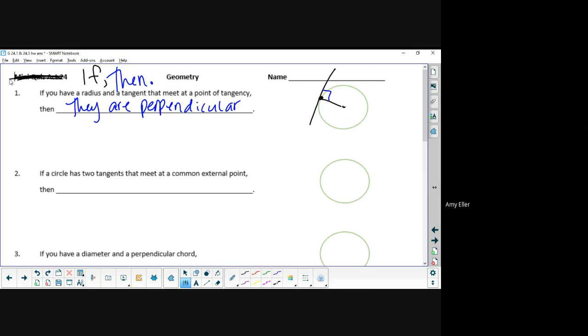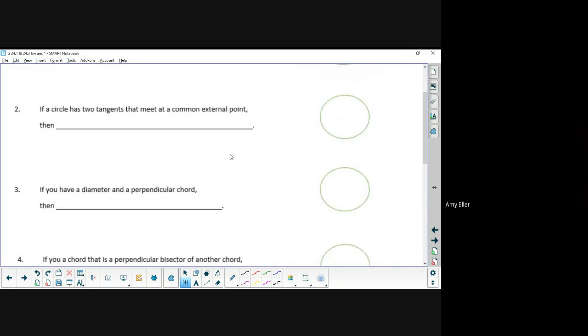All right, number two, grab your pencil. Let's do the if part. Number two, if a circle has two tangents that meet at a common external point. Let's draw an external point, a point outside your circle, anywhere you want. Now you need to draw a tangent line, a line that touches the circle one time.